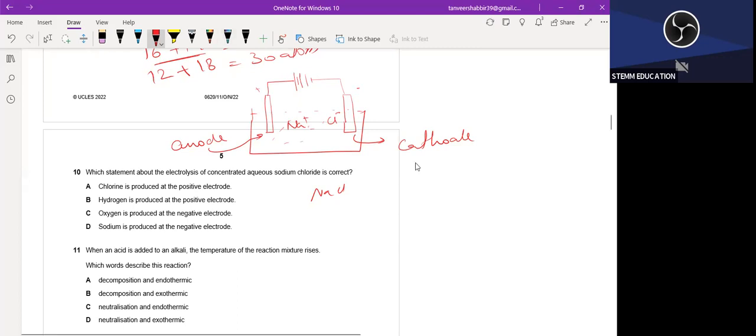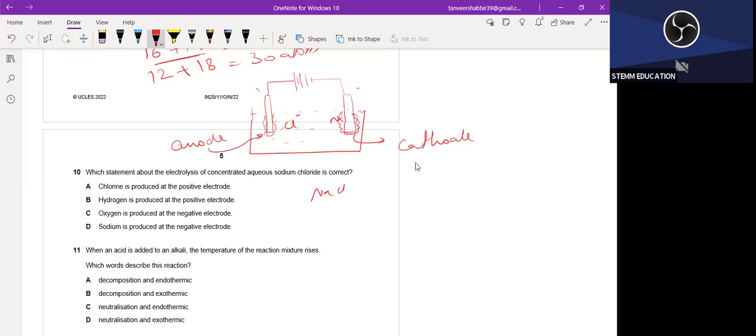So on the left side, what will come? Here Cl minus will come, and here Na plus will come. So this electrode will be collected by Cl minus, and this electrode by Na plus.